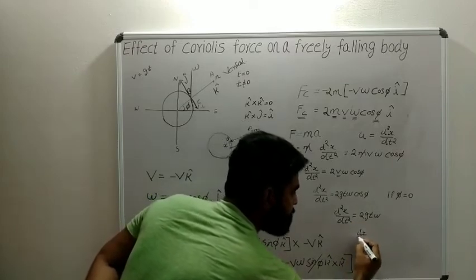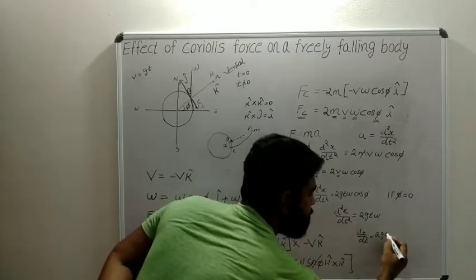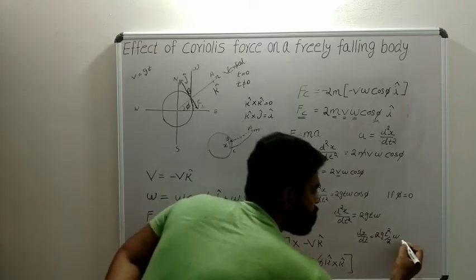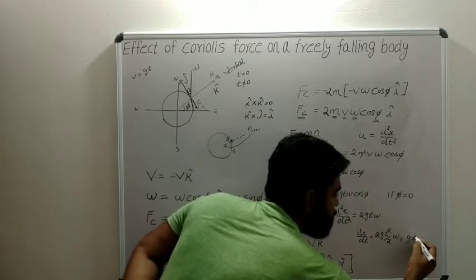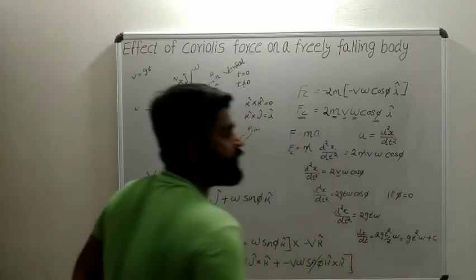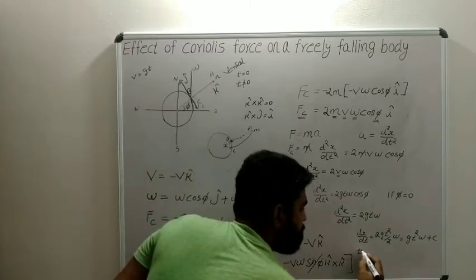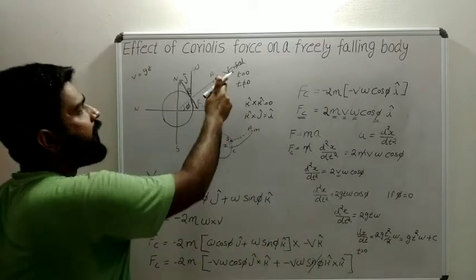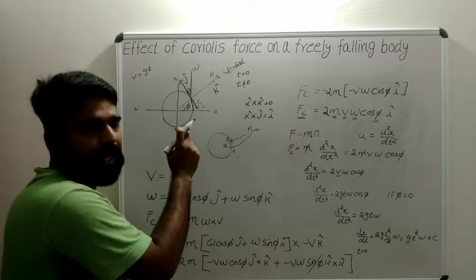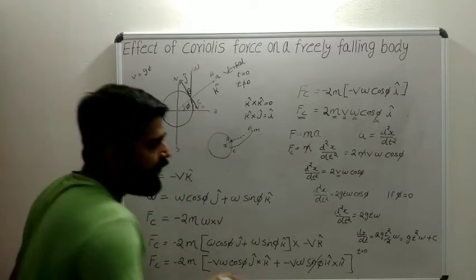Now we integrate this equation. Then dx by dt is equal to 2 g t square by 2 omega. 2 divided by 2, we get g t square omega plus constant. And if the time is 0, the position of mass m is at the point A. So at time 0, there is no displacement, right?